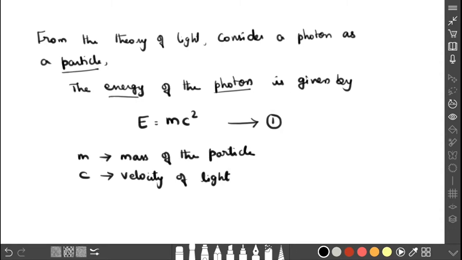Next we have to consider the photon as a wave. This is the first step, we considered the photon as a particle, and in the next step I am going to consider the photon as a wave. Here also we write the energy of the photon.